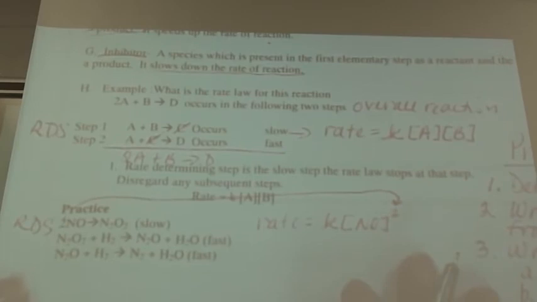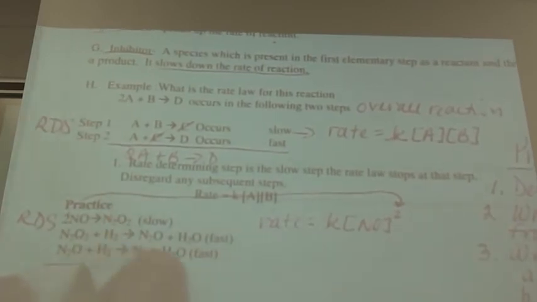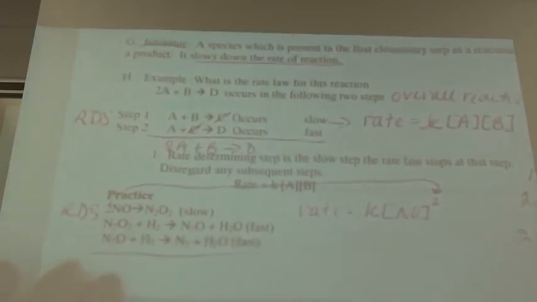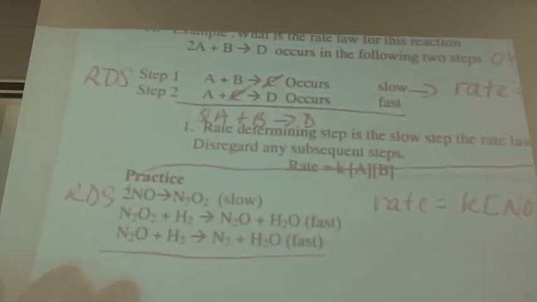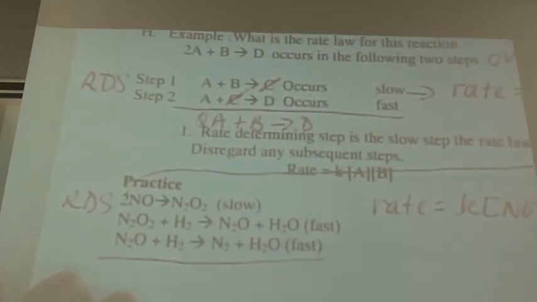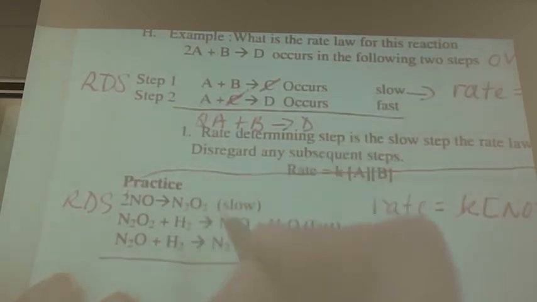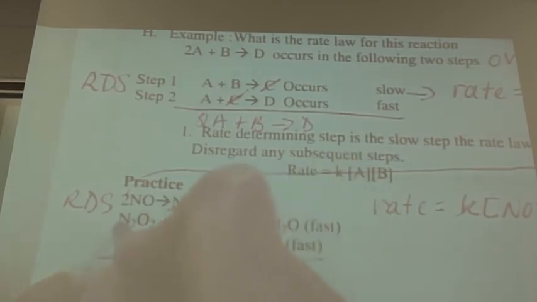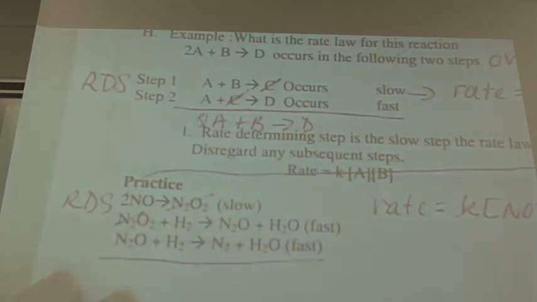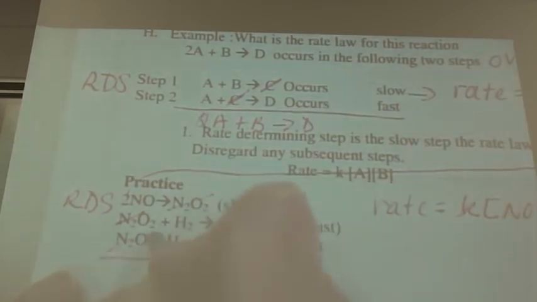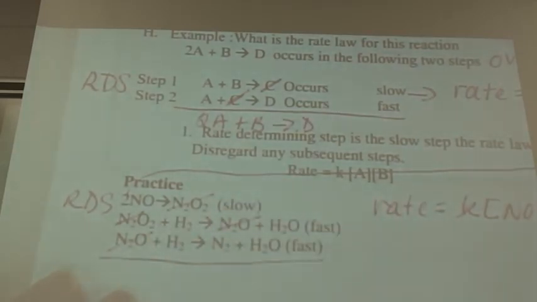Now, we can go ahead and write the overall reaction. Before I do that, I would like to see, do I have any catalysts or inhibitors? No. Nope. Do I have intermediates? What are they? N2O2. It appears it is formed and consumed in the same reaction. Any more? N2O. Formed and consumed. They're gone. Okay.